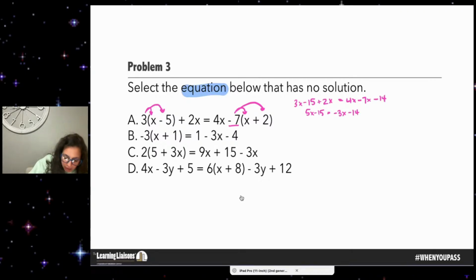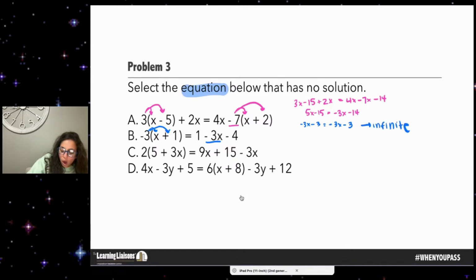Letter B, distribute the negative 3 all the way through. Negative 3x minus 3 equals negative 3x, 1 minus 4 is negative 3. That right there is going to have infinite solutions.